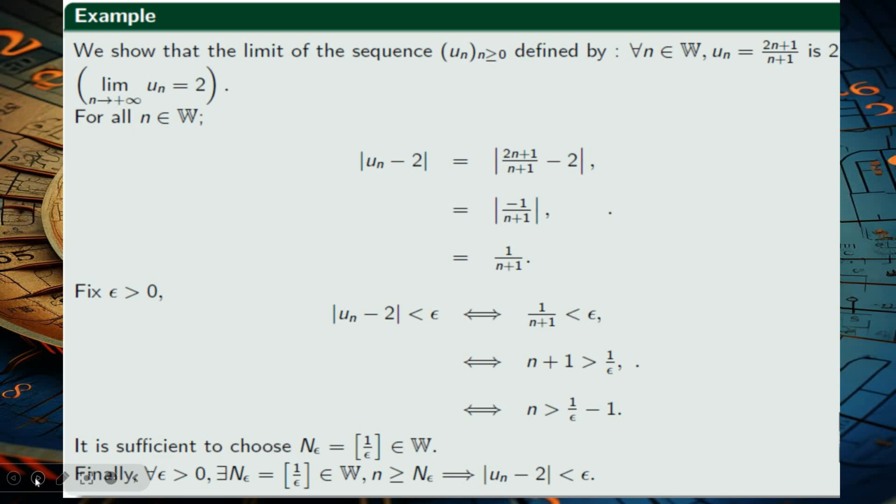We fix epsilon strictly positive, so the absolute value of un minus 2 less than epsilon is equivalent to n being greater than the reciprocal of epsilon minus 1. Then it is sufficient to choose n epsilon equal to the floor of the reciprocal of epsilon.